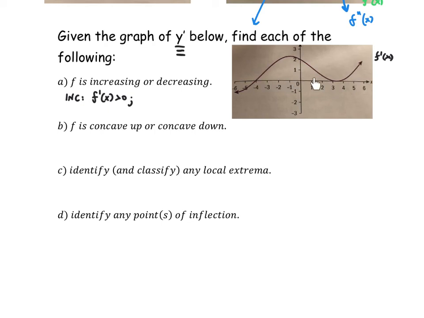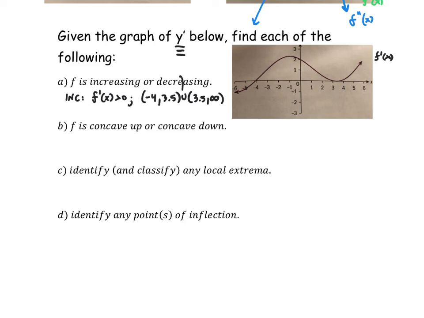So from -4 to right here, I don't know what that is. Doesn't ever look like it goes below 0, but I want to know where it's greater than 0. So let's call that 3.5. So I would say from -4 to 3.5, and then 3.5 to infinity. That's where the function is increasing.